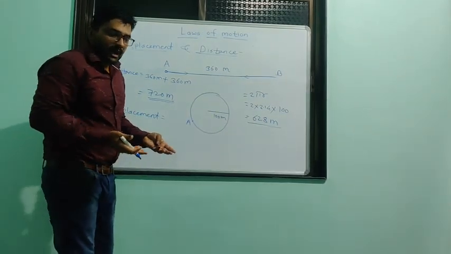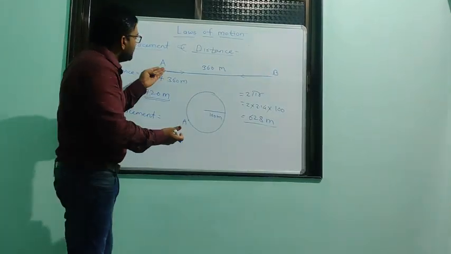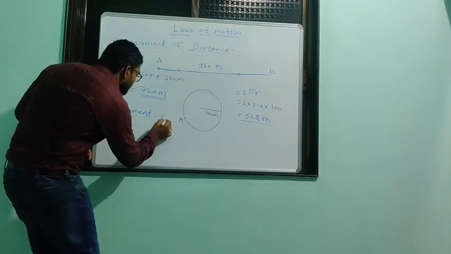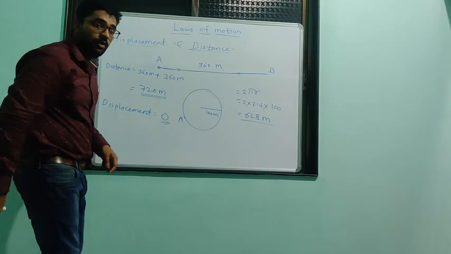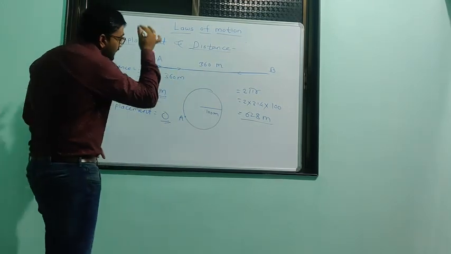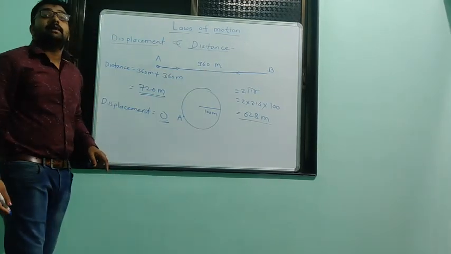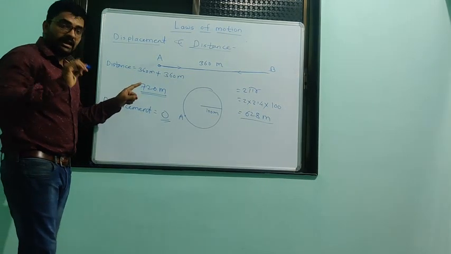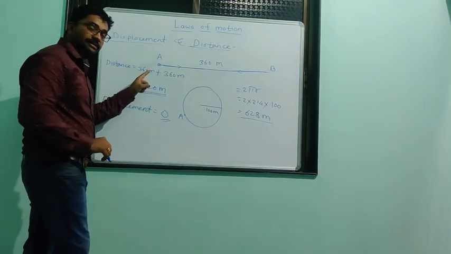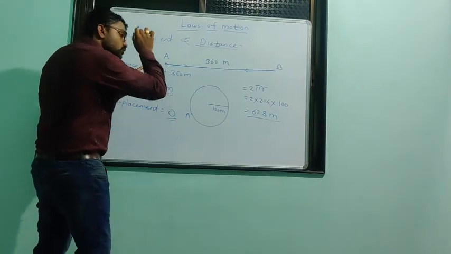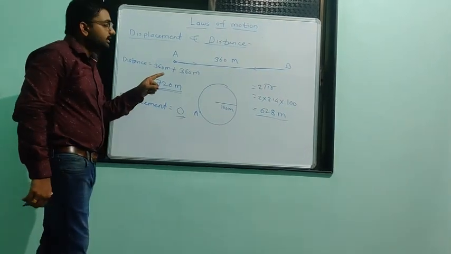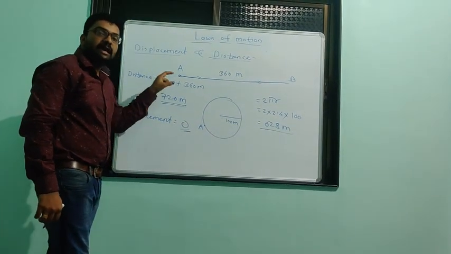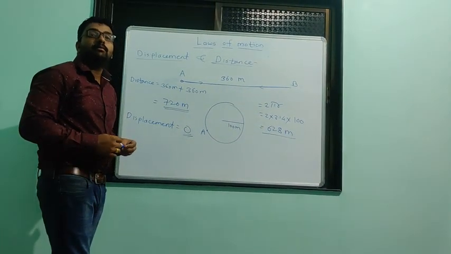What is the actual minimum distance between these 2 points? 0. So its displacement will be 0, because the car again came to the same point. So remember, distance is the total actual path covered, and displacement is the minimum distance between the initial and final points.